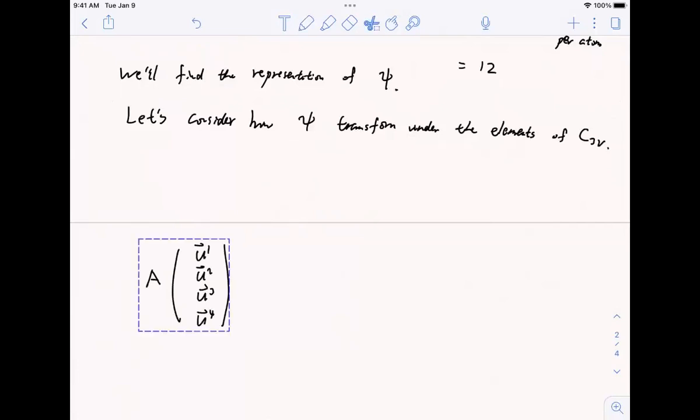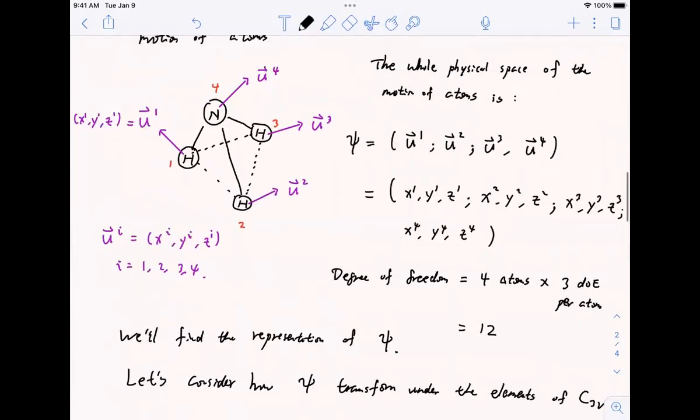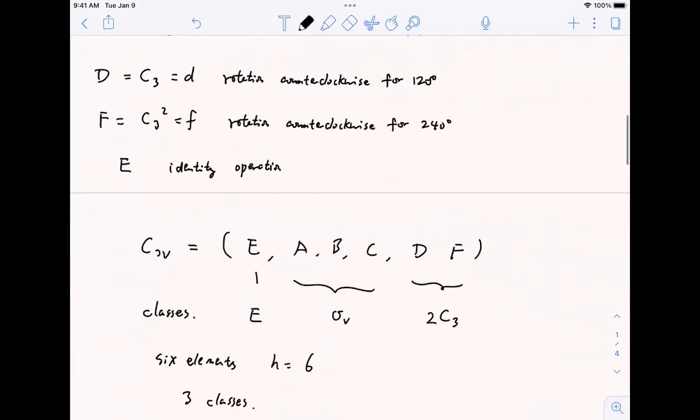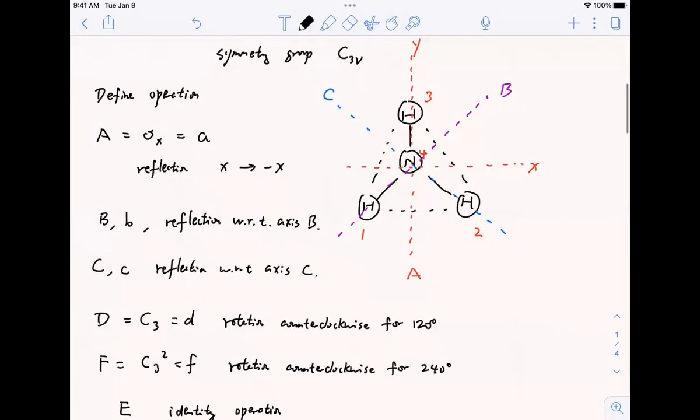Let's consider the sigma v. So sigma v is what? Sigma v is this one. Okay, let's consider A.